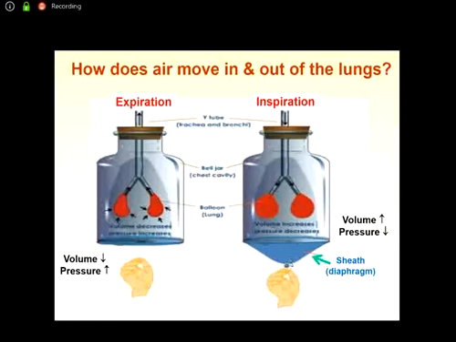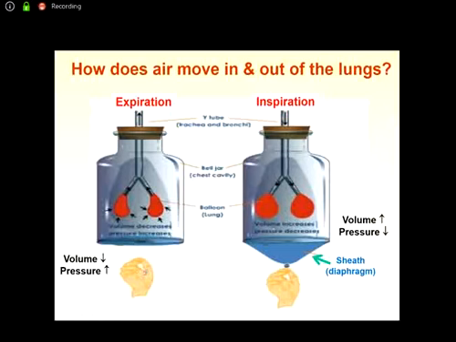So if you do this experiment, you pull this sheet down, and that will increase the volume inside this container. And because the volume increases, the pressure inside this container will go down, as we explained before, and it will become lower than the pressure outside. So the air will move in and will inflate these balloons.